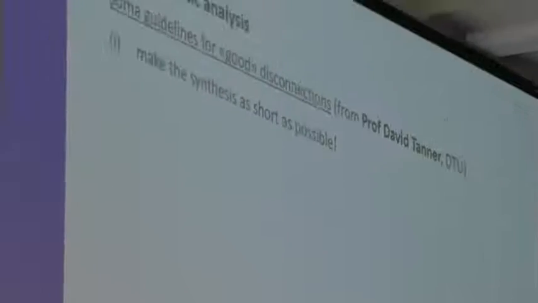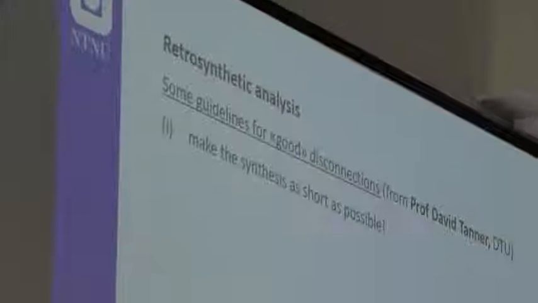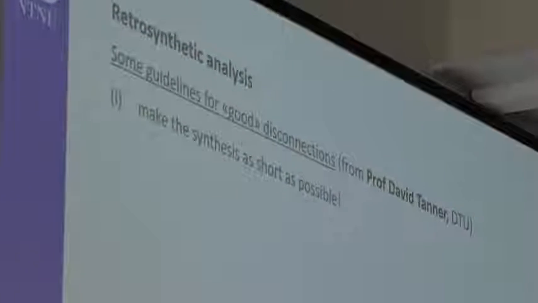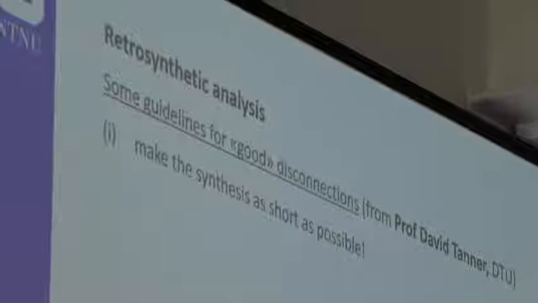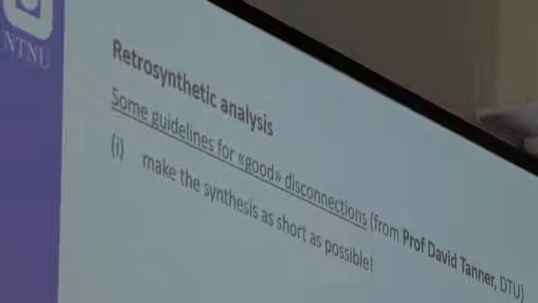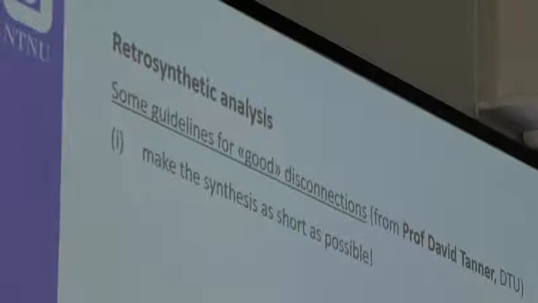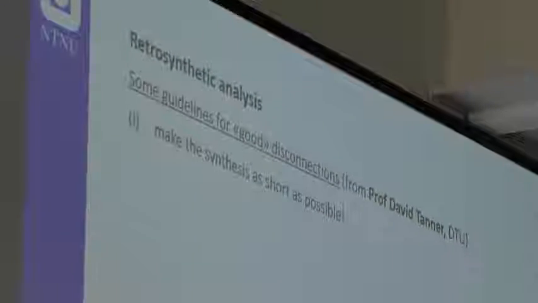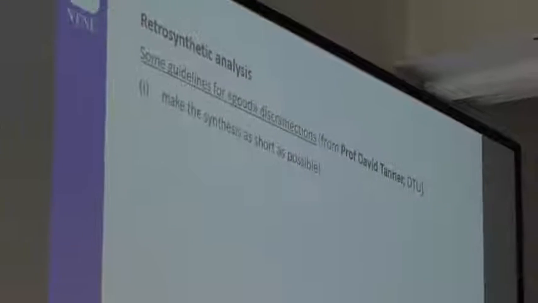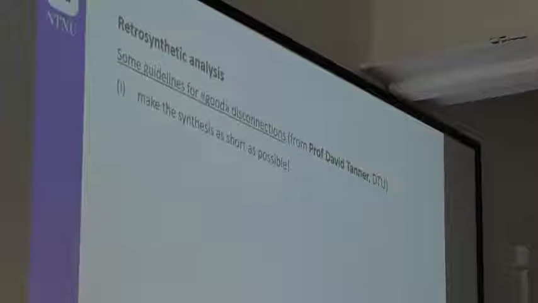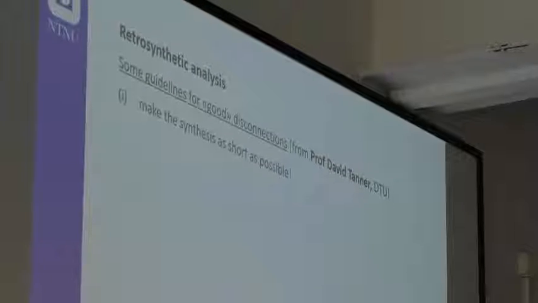Okay, here I will show you some guidelines for good disconnection I have received from Professor David Tanner from DTU. And the first point, make the synthesis as short as possible, is rather obvious, I guess. You agree? You should consider that very often you need to use protecting groups.